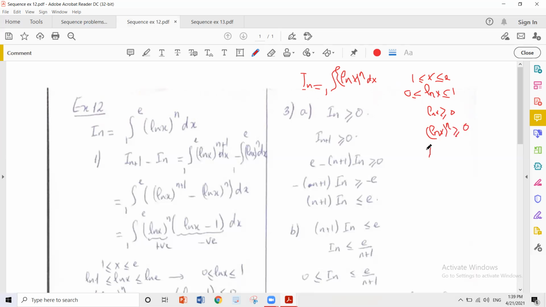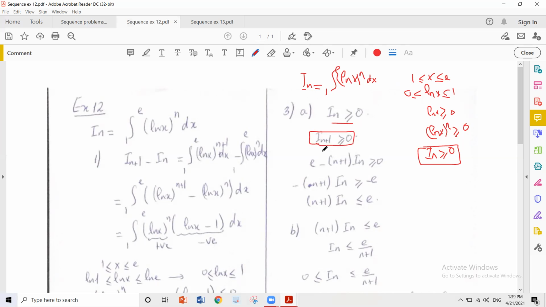So I_n is greater than or equal to 0, because the integral of a positive function gives a positive value. Since I_n is greater than 0 for every n, I_{n+1} is also greater than 0.